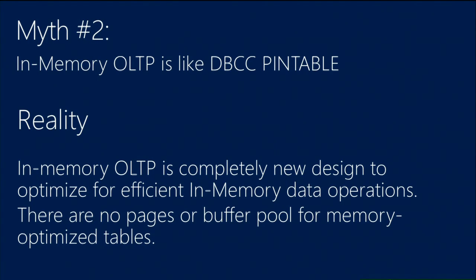So for example, we don't use pages, we don't use a buffer pool. Our atomic unit is the row, and we always address individual rows. We can do that using a memory pointer. We don't need to navigate pages. We don't need to locate a file, locate a page on the file, locate the location in the page. No, we just have a single 8-byte memory pointer to locate the row.